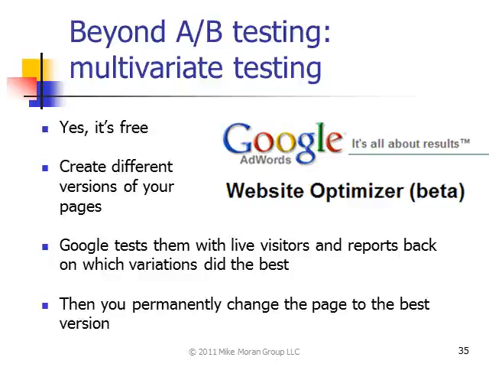If you go beyond A-B testing, maybe you've got way more than two choices. You have A, B, C, all the way to Z, and even more, so you can have something called multivariate testing. There are many different tools that do multivariate testing. One of the free ones is Google Website Optimizer.